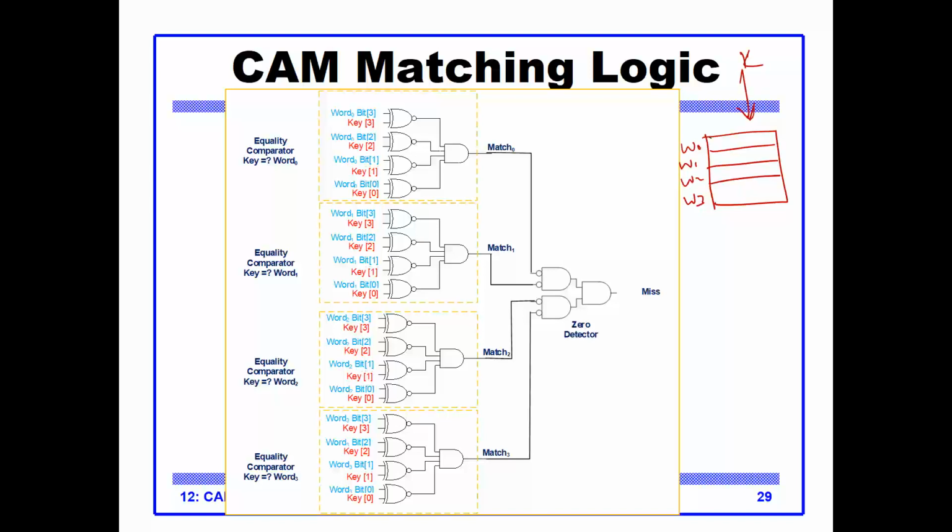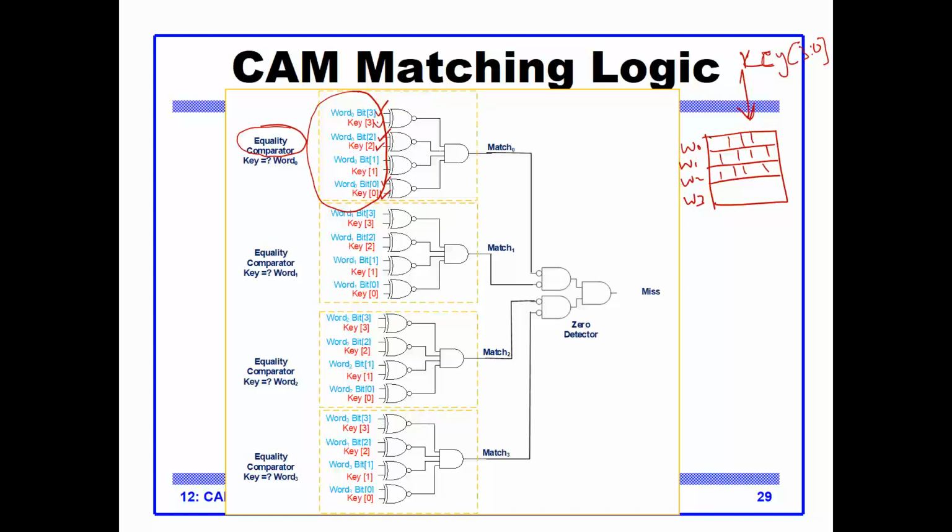Very simple. Recall that in an earlier lecture we studied the equality comparator. Suppose this key is 4 bits, from bit 3 to bit 0, and every word has 4 bits as well. We match every bit of the key with the corresponding bit of every word: key bit 3 with word 0 bit 3, key bit 2 with word 0 bit 2, and so on until key bit 0 with word 0 bit 0.